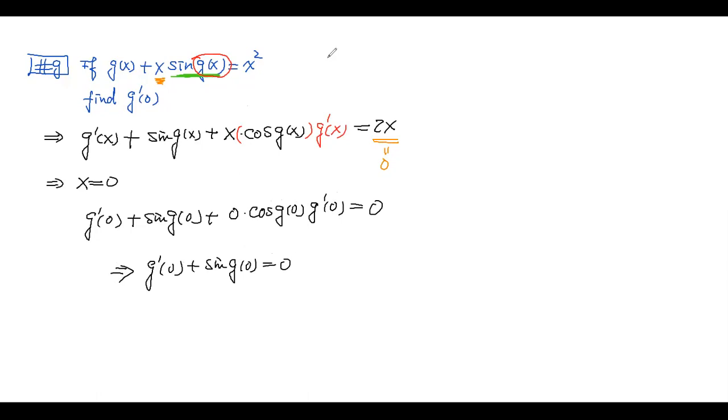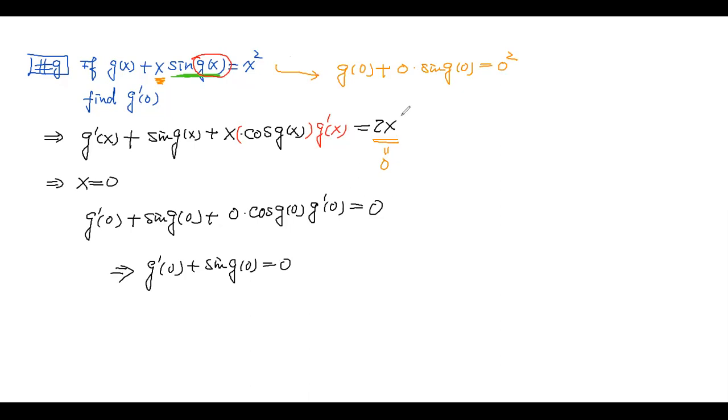Okay, now if you go back to our original equation, you can say here, this is g of 0 plus 0 times sine g of 0 is equal to 0 squared, right?